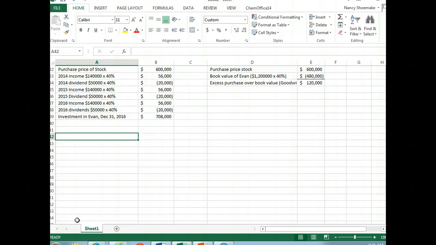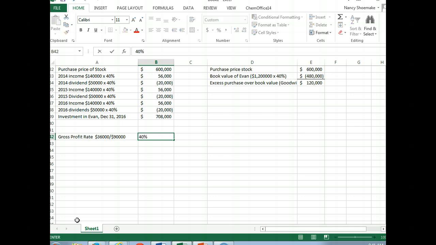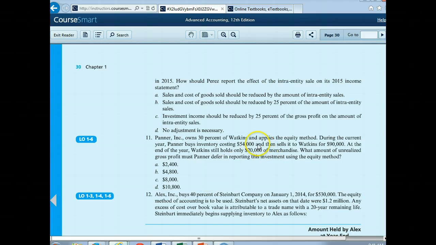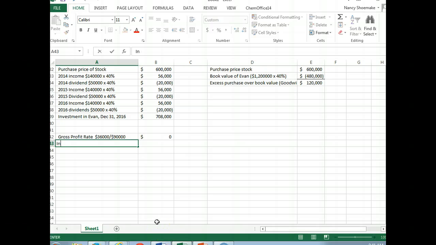So to figure out the gross profit rate, we're going to take the $36,000 profit, divide that by $90,000, which gives us a 40% gross profit rate. So the inventory still remaining on the books at the end of the year is $20,000. The gross profit rate is 40%.